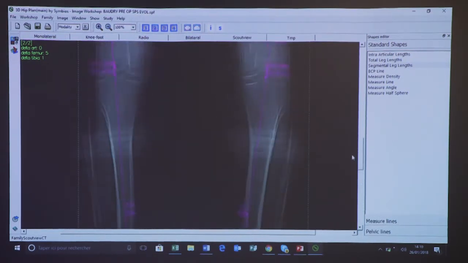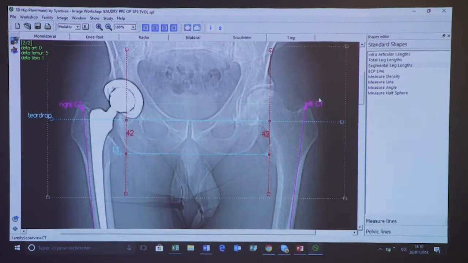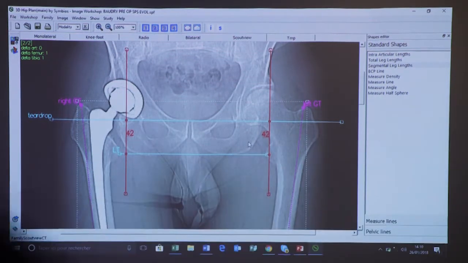And you can see here the limitations of the 2D analysis, because basically it would be much more precise to do it in 3D, but in current practice at the moment with this HipPLAN, it's easier to do it in 2D.